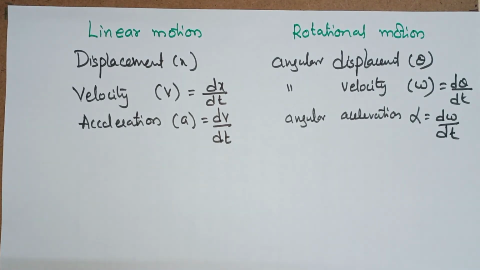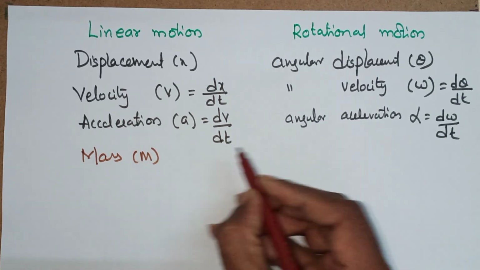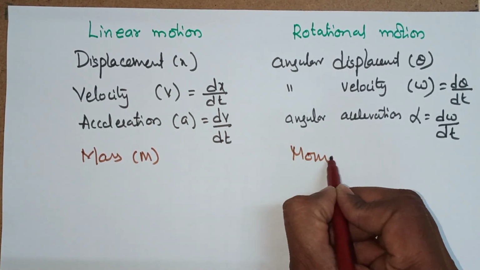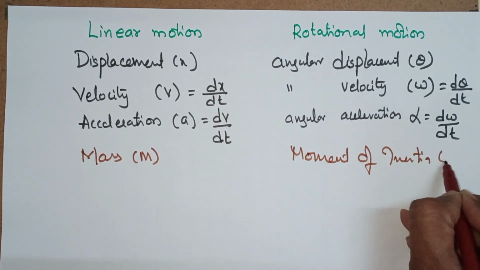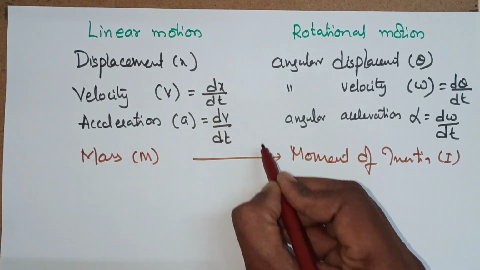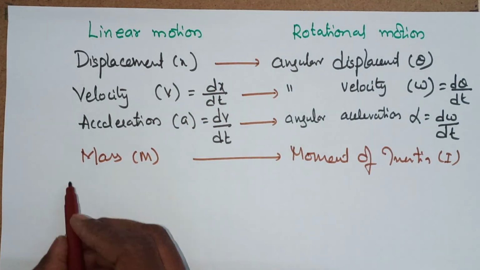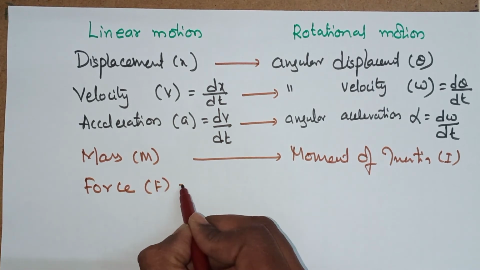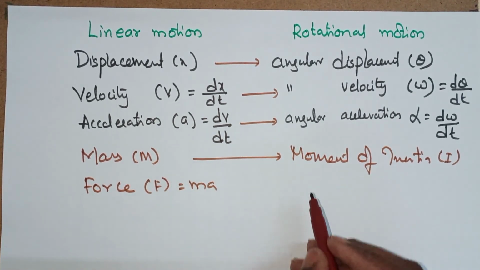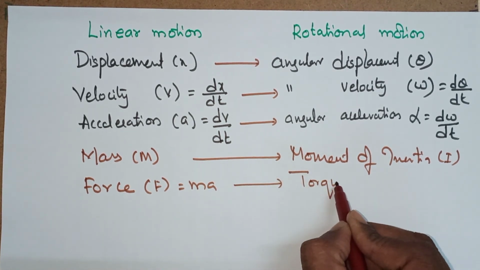Next, mass m, just as we have discussed, becomes moment of inertia I. Now force F, which is ma, becomes moment of force, called torque.